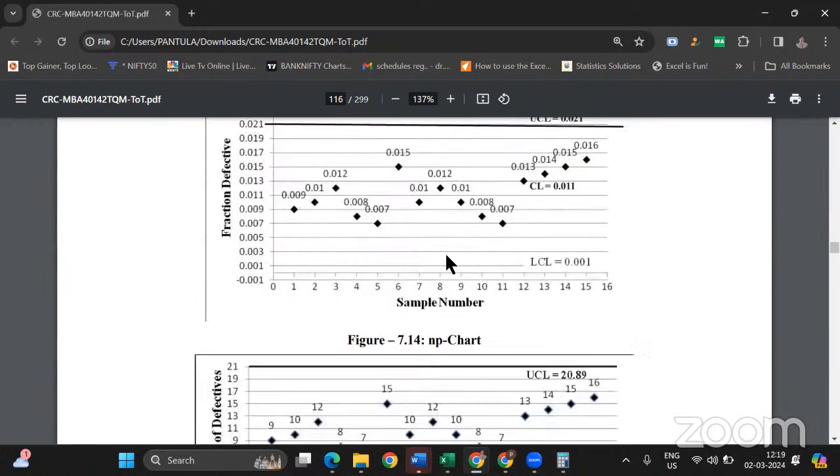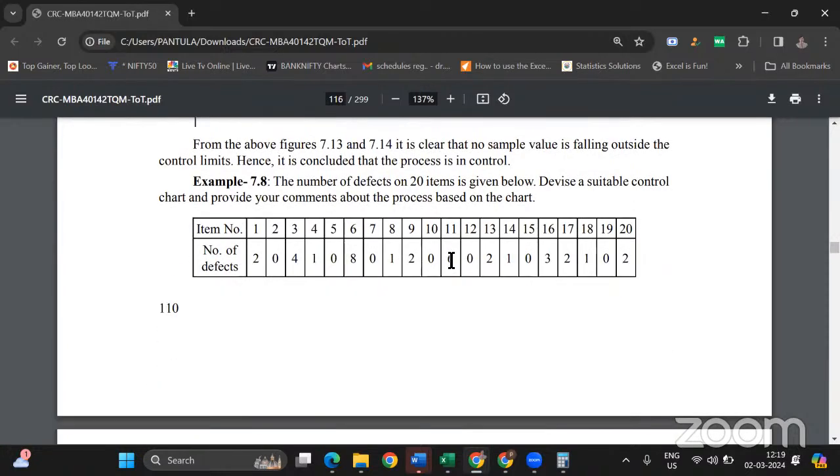Now we draw the NP chart. It's very simple, right? Based on the above figures, it is clear that no sample falls outside the control limits. Hence it is concluded that the process is in control.